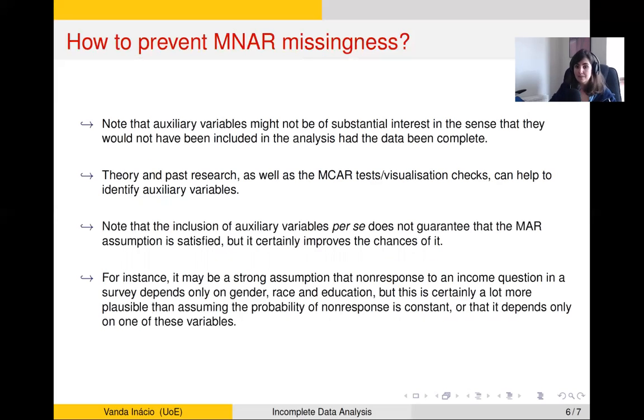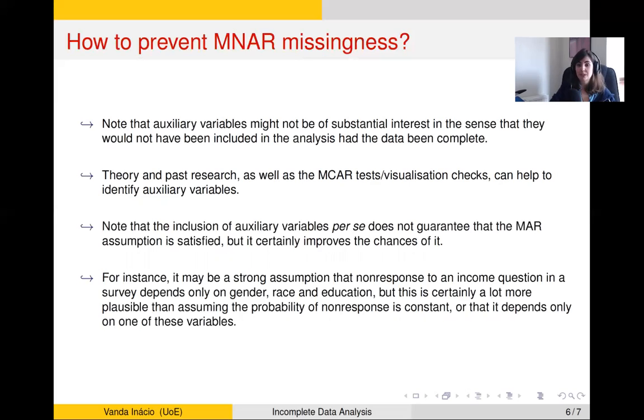And we must be aware that including as many auxiliary variables as we can will not in itself guarantee that the missing at random assumption is verified, but certainly it will improve the chance that it will be verified. For instance, I think this is an example from a paper from Andrew Gelman.